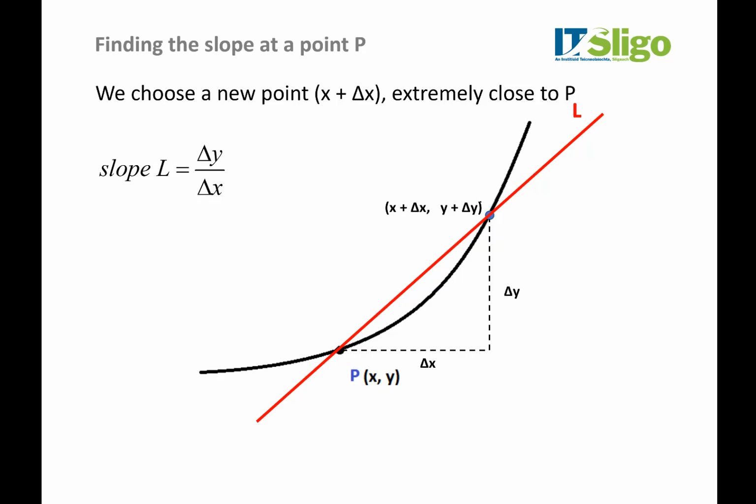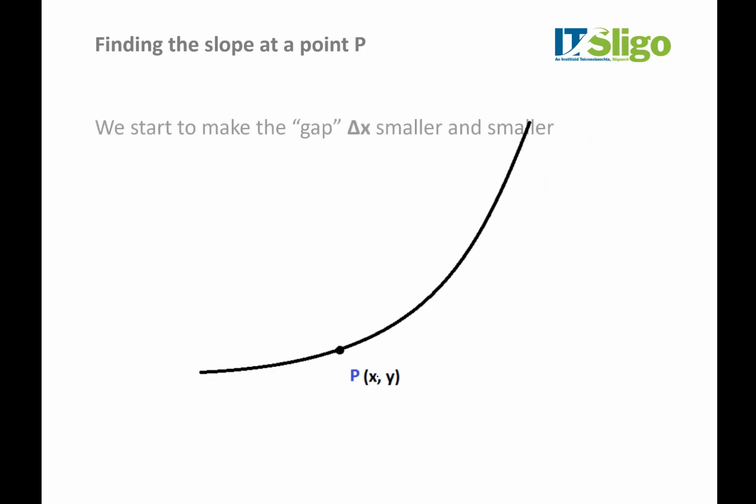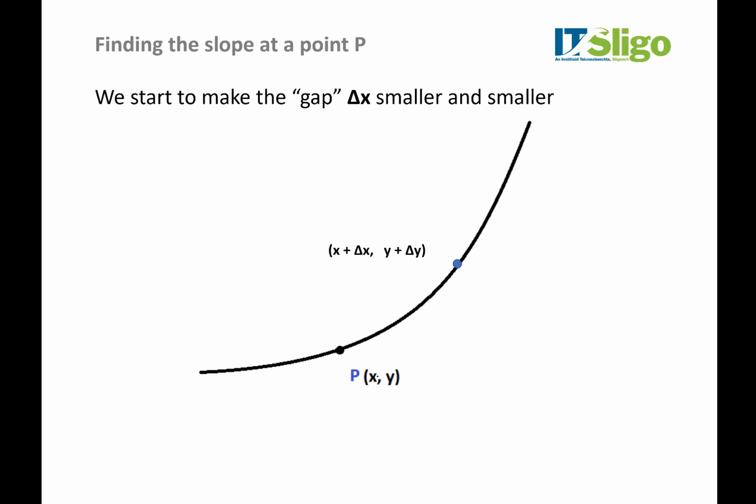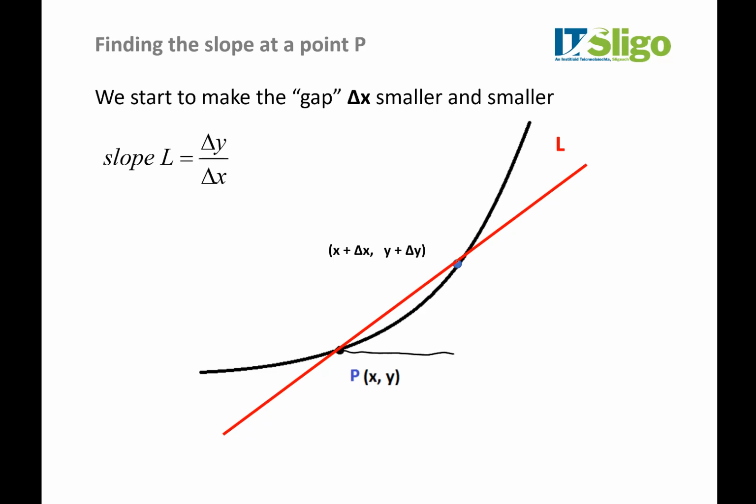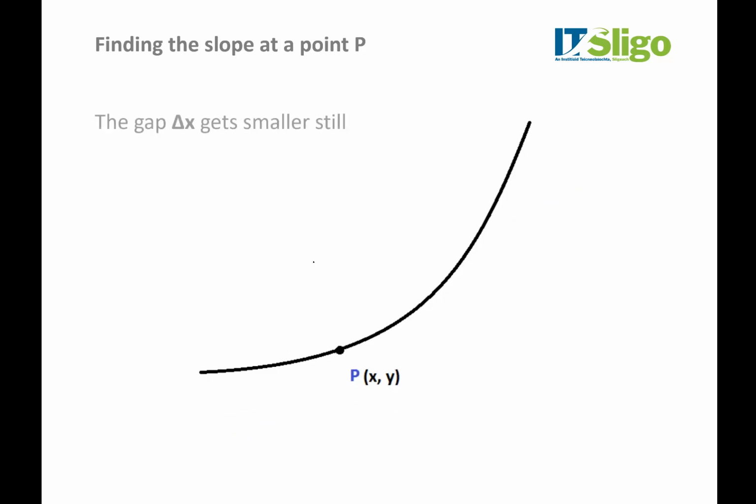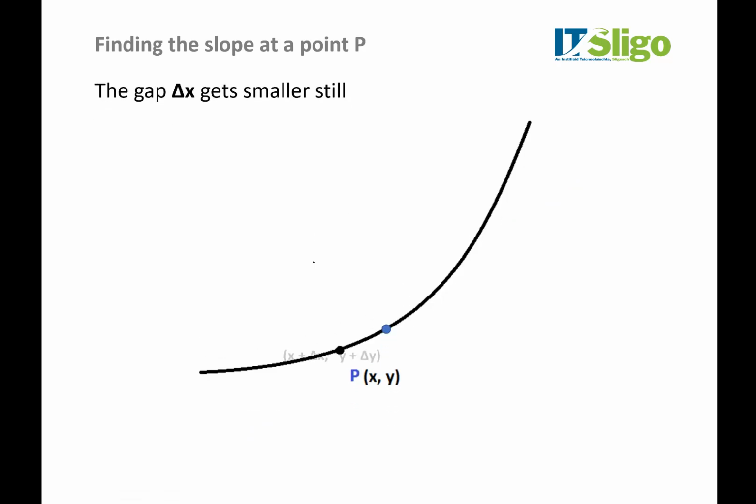Now on the next slide, we're going to make the gap smaller. So delta x is going to become smaller, just like we did with the ball. So now delta x is smaller, and again the average slope of the line that joins these is delta y over delta x. So the idea is the same again, guys. We're making delta x smaller and smaller in each slide. On the next slide, I make the gap smaller again.